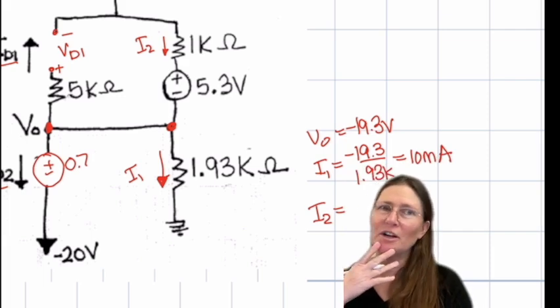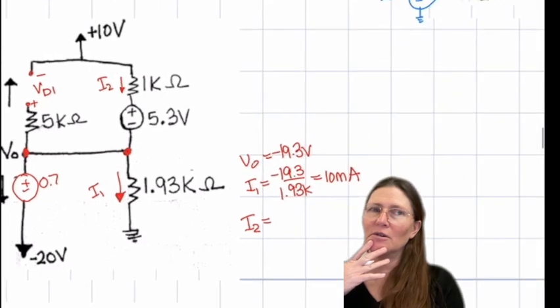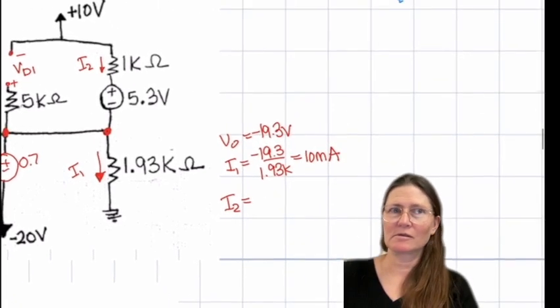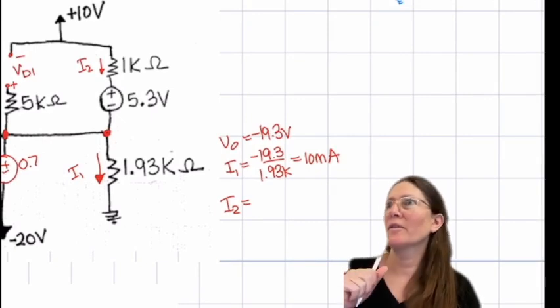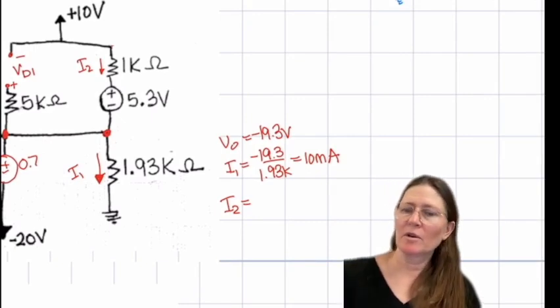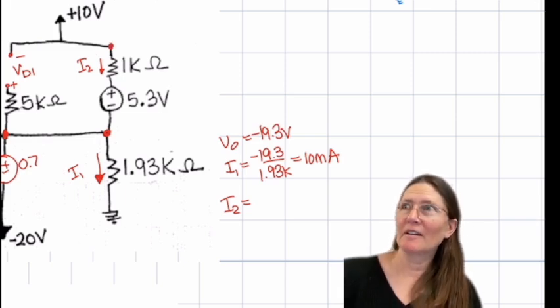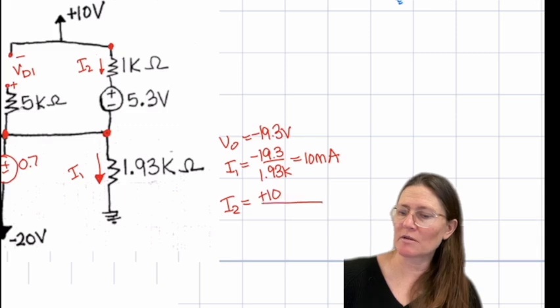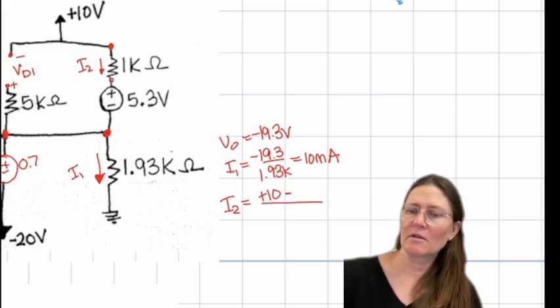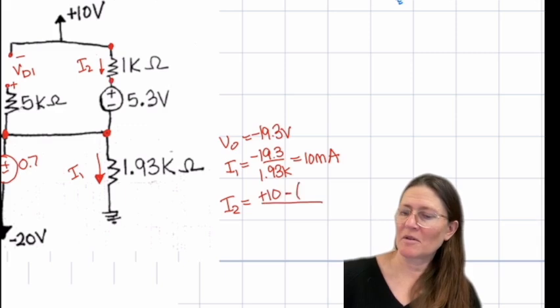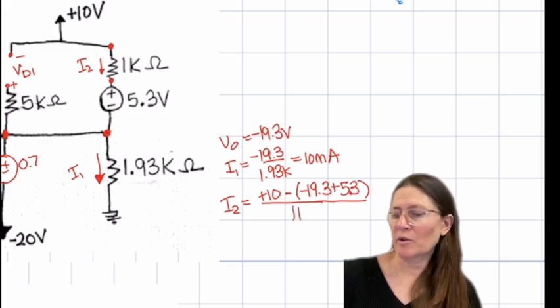What's an equation for I2? Voltage on this side plus 10, and then the voltage on the other side, so minus 19.3 plus 5.3, over 1K.